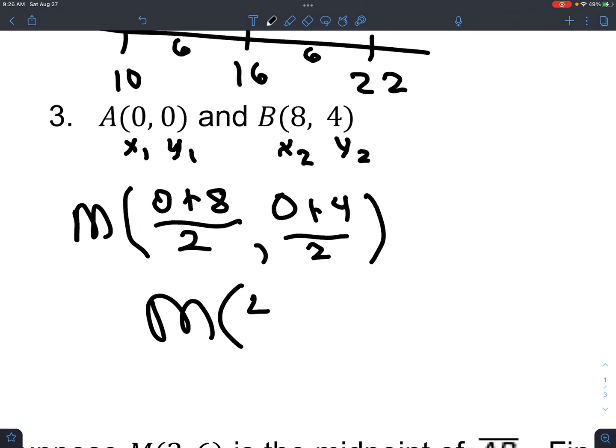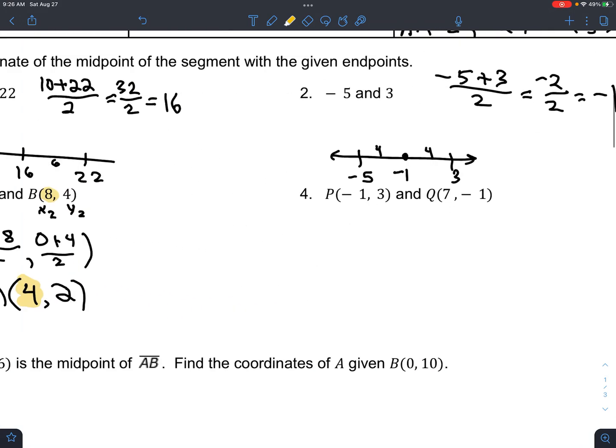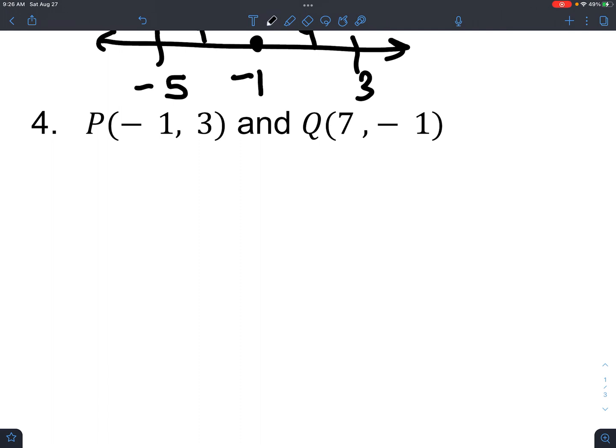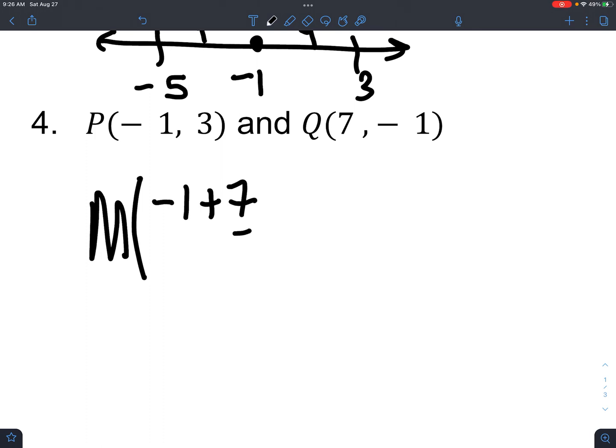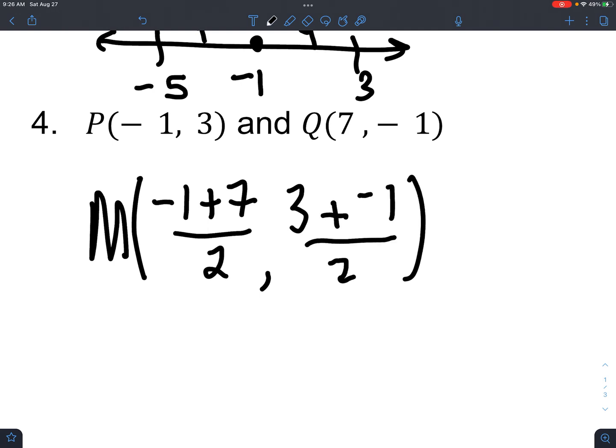So the midpoint is at 4, 2, which makes sense because 4 is in the middle of those two numbers, and 2 is in the middle of the other two. Okay, and if we have negatives, it's fine because you just add together the first x's, you add together the next pair.